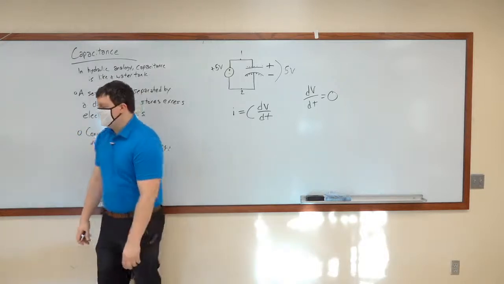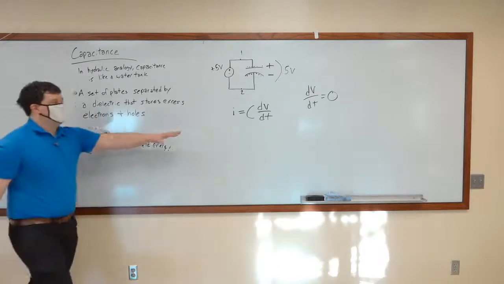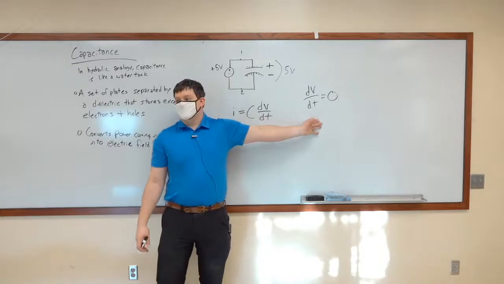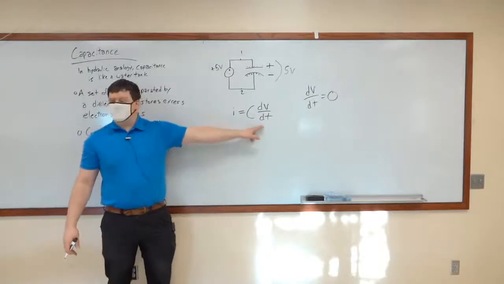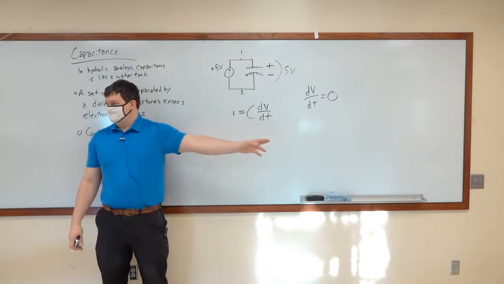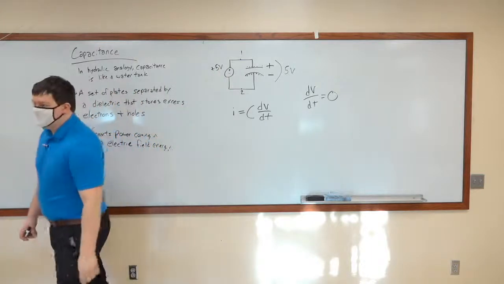That's what I get for trying to memorize the formulas. Okay? So, I don't have any change in voltage here. Because I don't have any change in voltage, this value is 0. I have voltages throughout my system, but I do not have any current flowing.